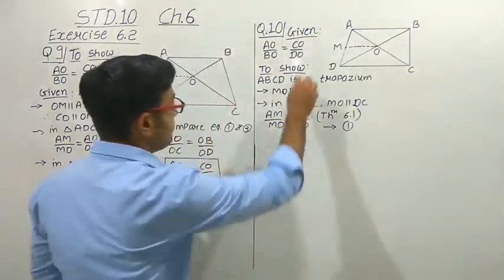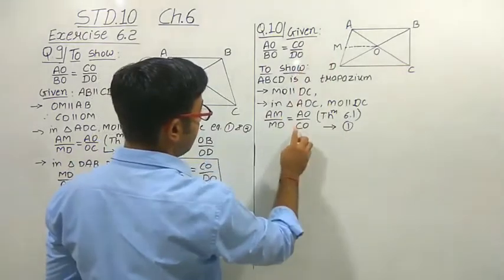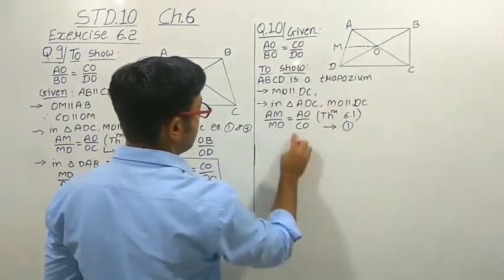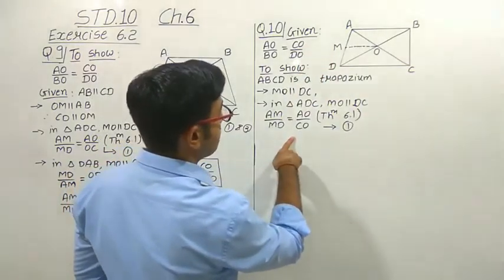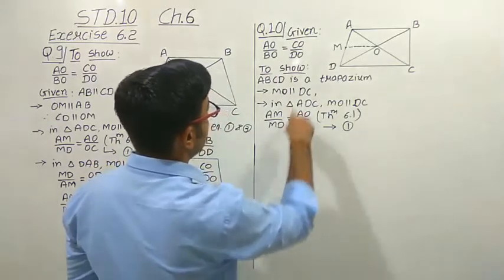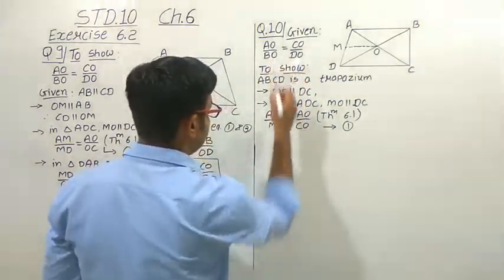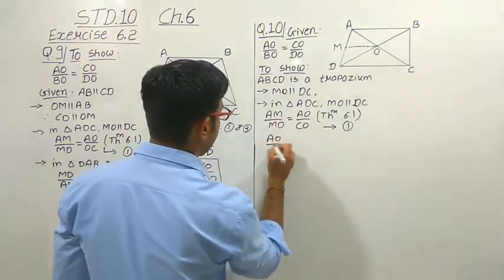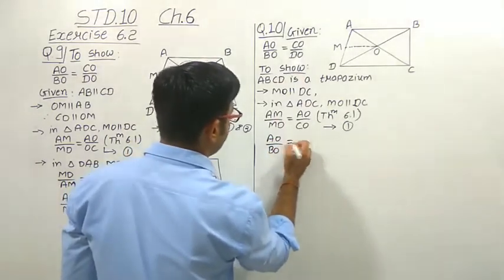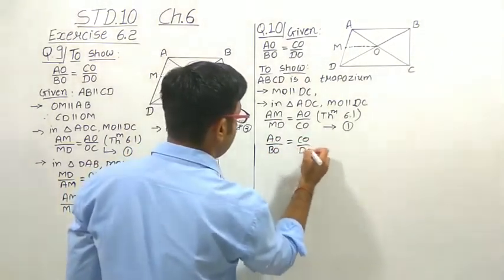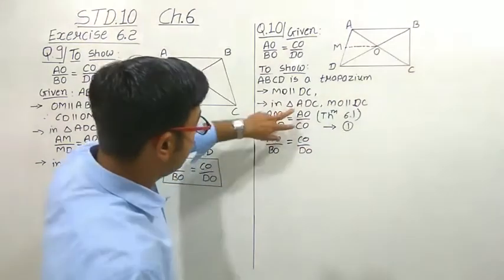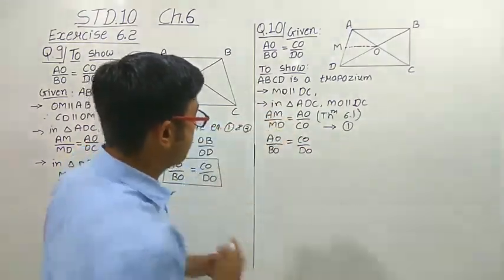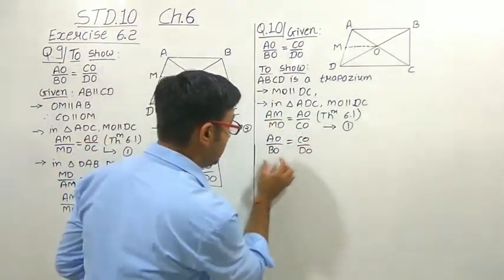So if we want to compare these two things, we cannot directly compare them. So what do we have to do? We have to write down the same thing first, that is AO upon BO is equal to CO upon DO. Now see, here AO upon CO is there, so we have to take this CO to the denominator.